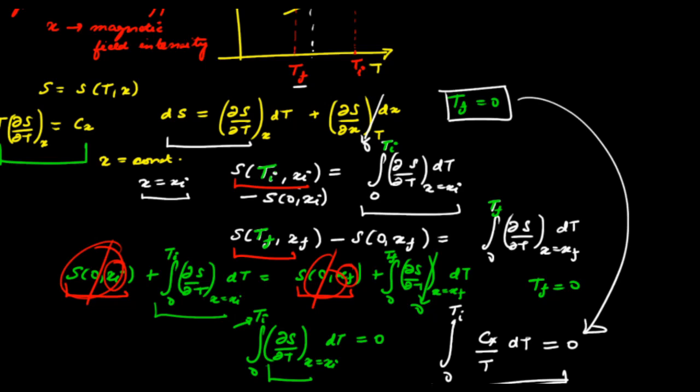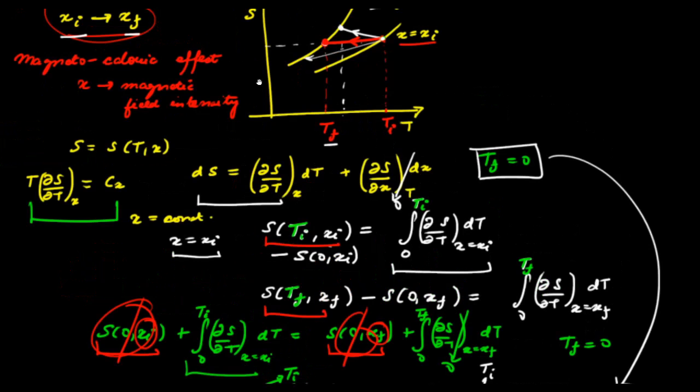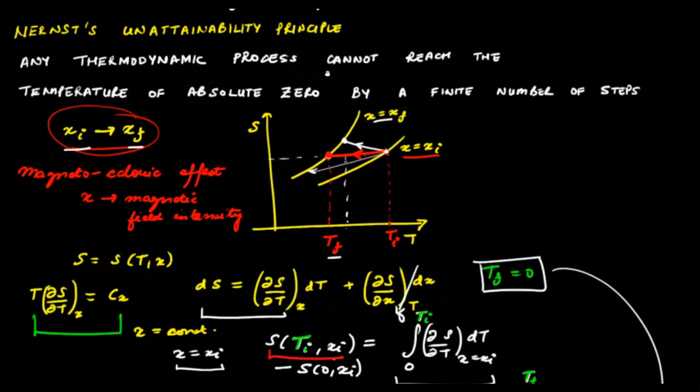But this equation is impossible to hold. Therefore, we have shown that the absolute 0 temperature cannot be attained by a finite process. And if the absolute 0 temperature cannot be attained in a finite process, then it cannot be attained in a finite number of finite steps. Therefore, any thermodynamic process cannot reach the temperature of absolute 0 by a finite number of steps.